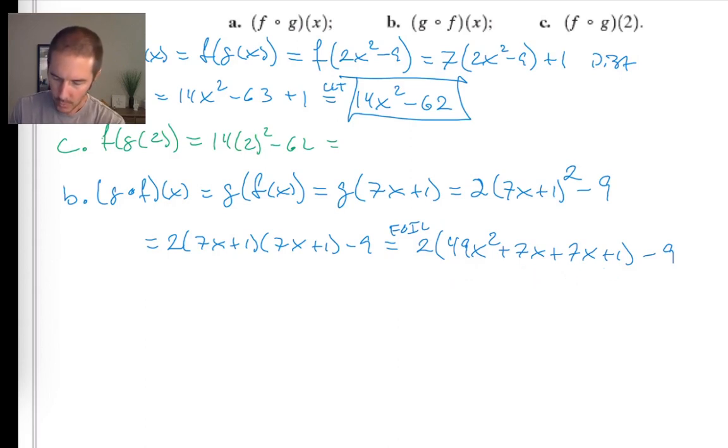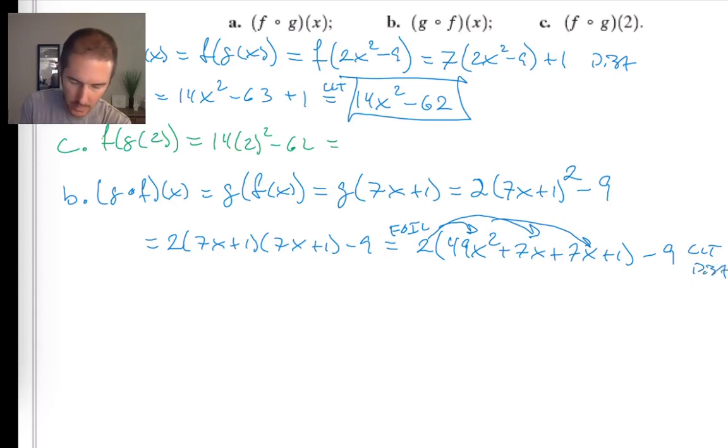We're going to combine like terms here. The 7x plus 7x is going to become a 14x, and we're going to distribute multiplication by 2 to all of the terms inside of our parentheses. So let's do that. Let's combine like terms and distribute.